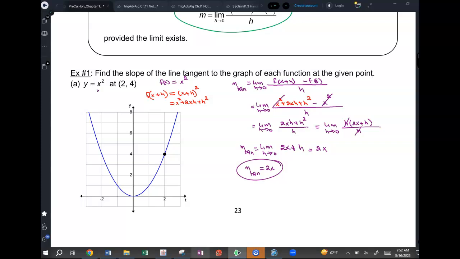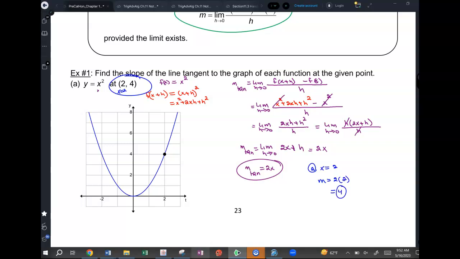You would have gotten 0 over 0 every single time. So we had to do this math before. However, I'll take your question in a second. However, we want this to be at the point x equals 2, y equals 4. So we say at x equals 2, the slope is 2 times 2, which is equal to 4.